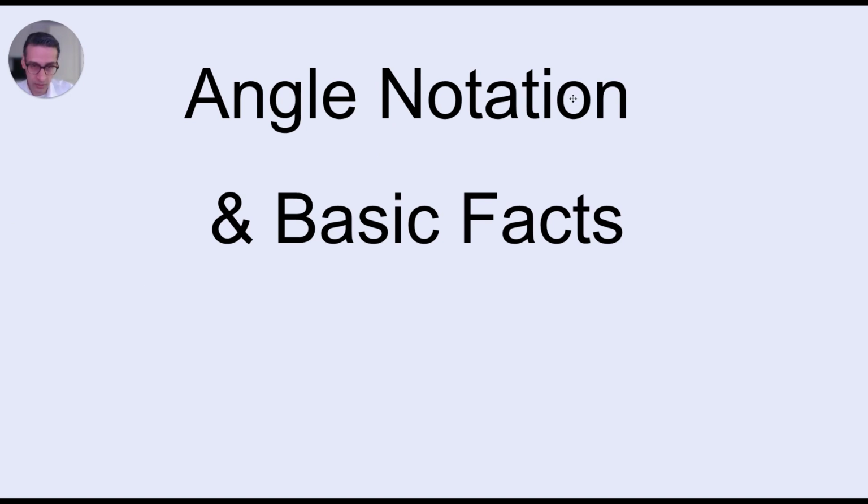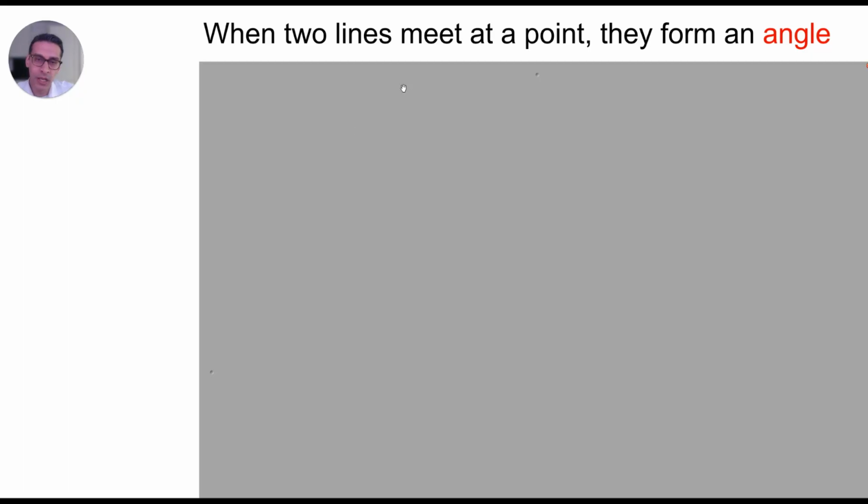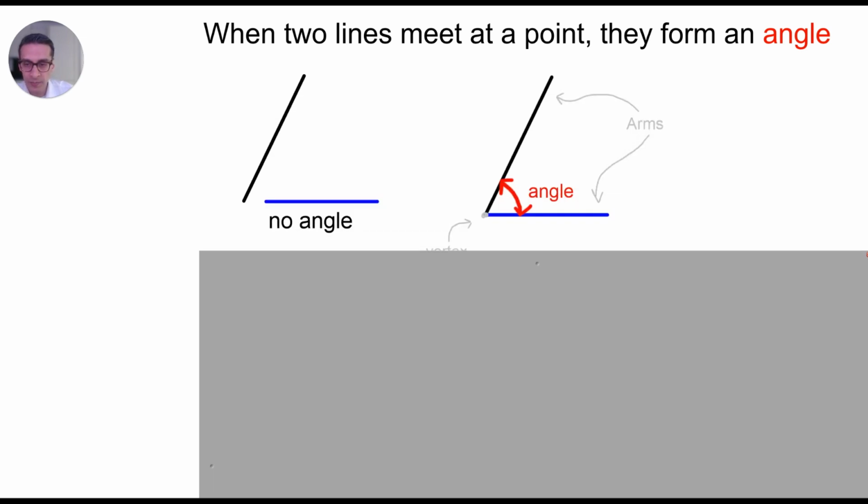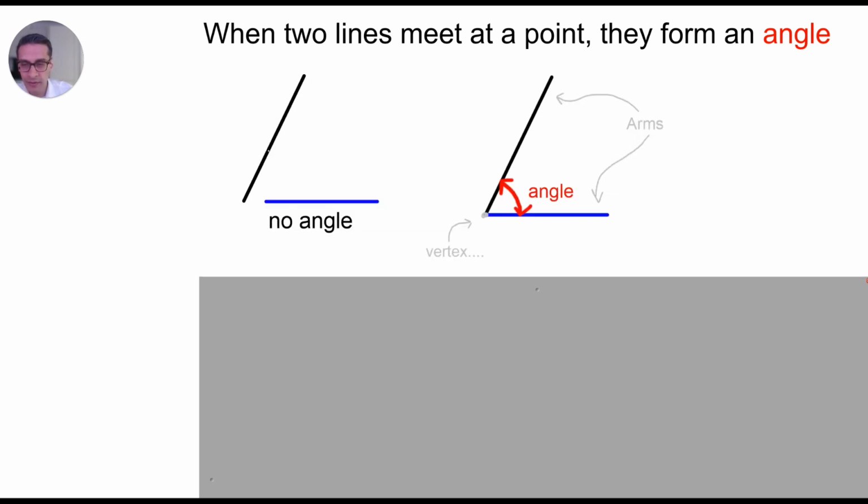So we'll get started by doing a definition of what an angle is. See if you can think in your head of how you would define what an angle is, and then I'm going to show you the definition. An angle is formed when two lines meet at a point. So an example here, there's no angle on the left because you can see the lines don't meet each other.